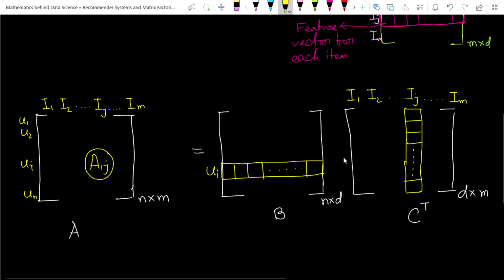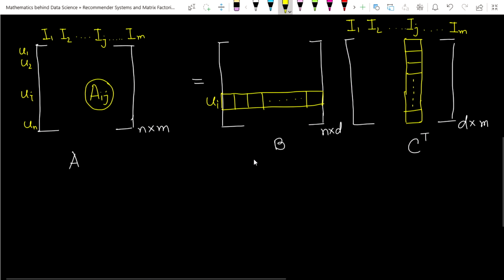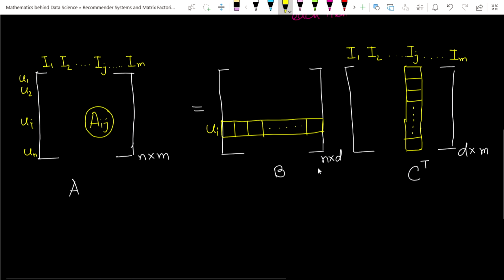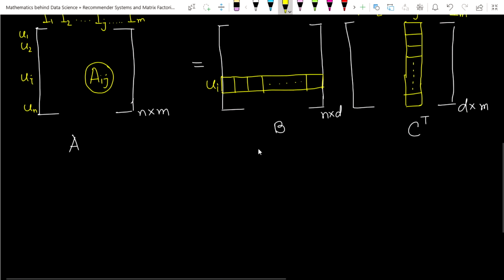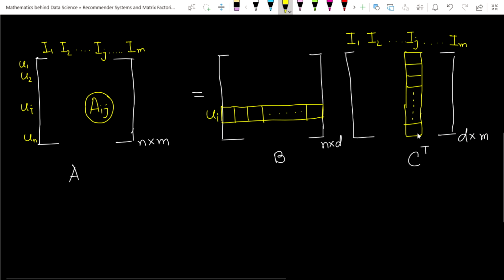Now if we multiply these two things, it's better if I call these things for the B matrix Bi transpose, meaning Bi is the row vector for the B matrix, and this is the column vector for the C transpose matrix, which you can call Ci.